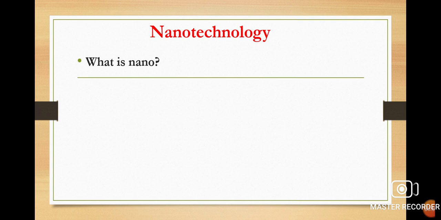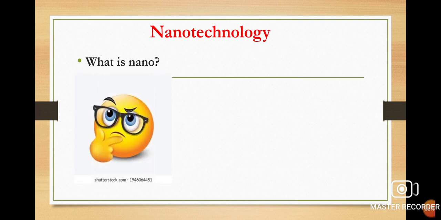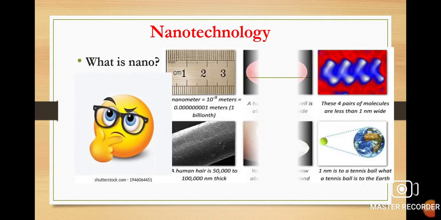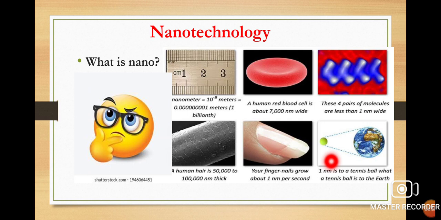You listen to this word, nano, so many times, so what is meant by nano I am going to discuss here. Initially I will explain the scale of nano. A nanometer is equal to 10 raised to minus 9 meters, that is, one billionth. The first figure shows the scale of a nanometer.